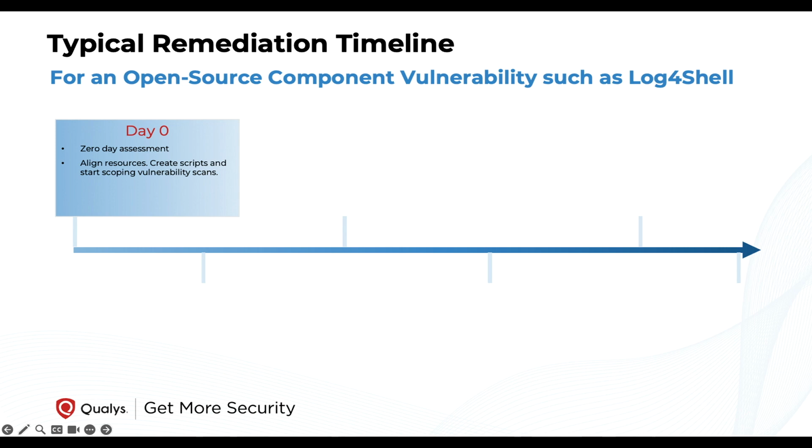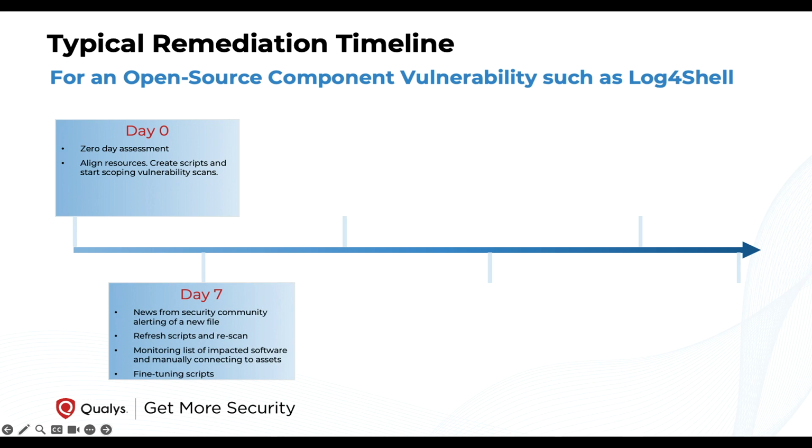For Log4j, it was very complicated. You had to run deep scans or run scripts on your machines to identify these components and their vulnerabilities. So you start assessing the scope of where you need to launch such deep scans in your environment.